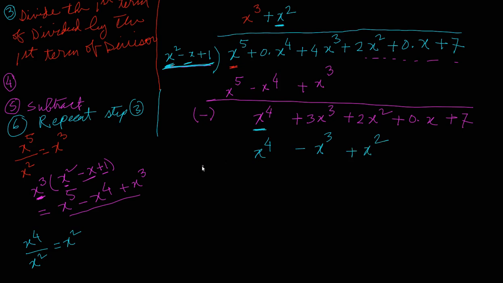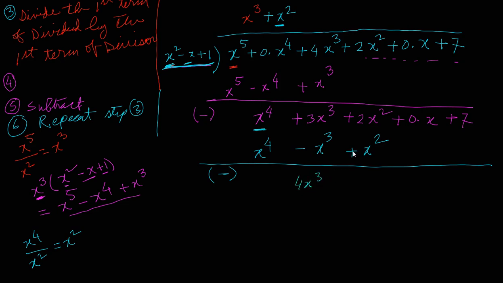All right, so I am done with this step. And then again I am going to subtract. This positive x power 4 is going to be negative x power 4, so x power 4 minus x power 4 cancels out. This negative x cube is going to be positive x cube. So 3x cube plus x cube is 4x cube.